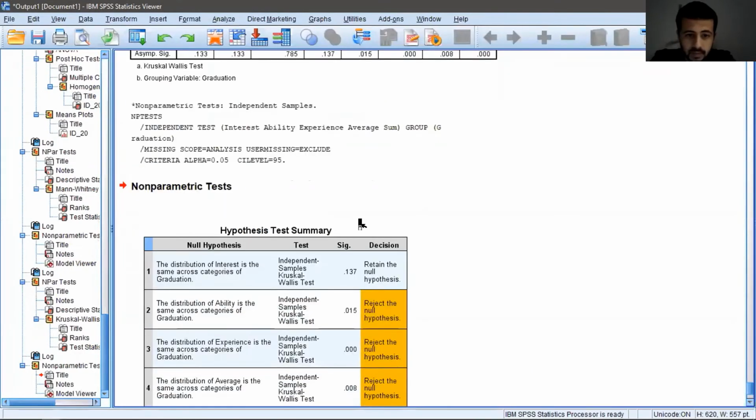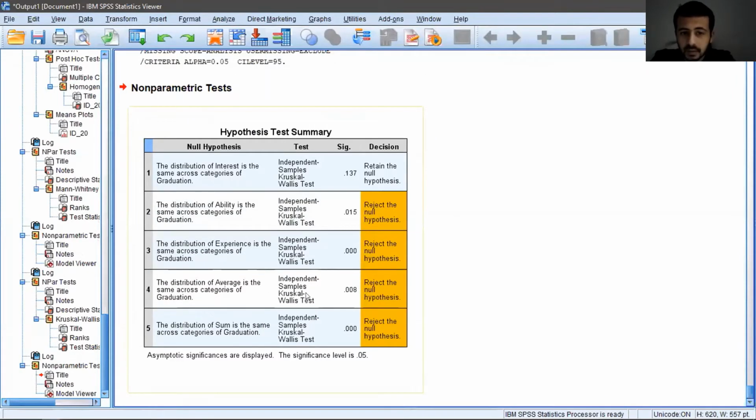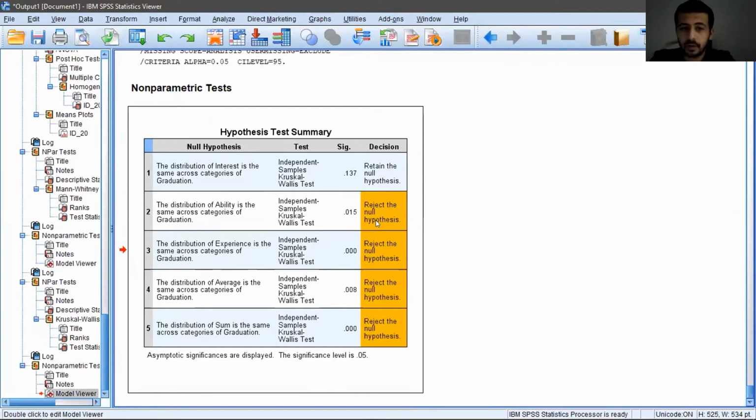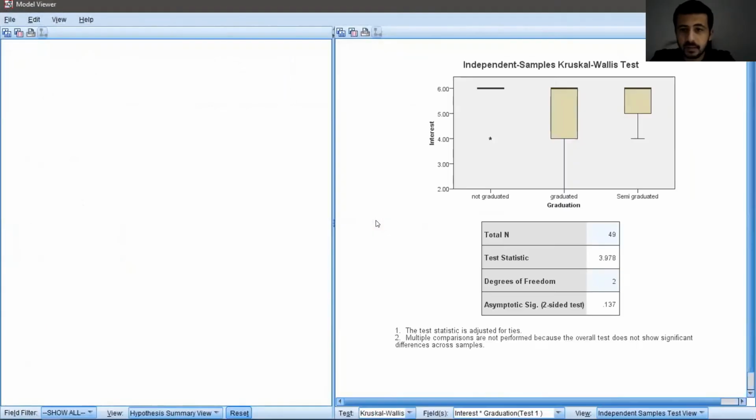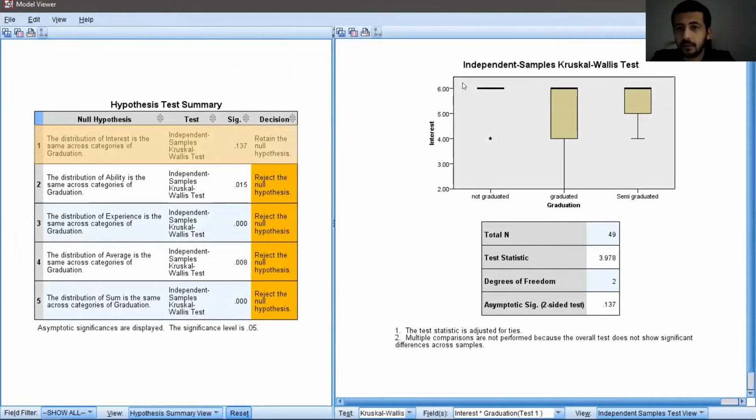You can see here the test it chose was the Kruskal-Wallis test. Then our choice was correct, and it is significant for some and not significant for some. You can see here reject the null hypothesis. Look, for the not graduated, all of them are 6. For the semi-graduated, all of them are here.